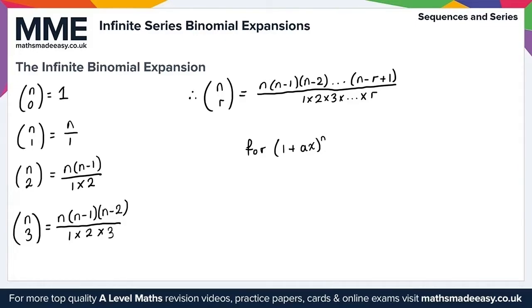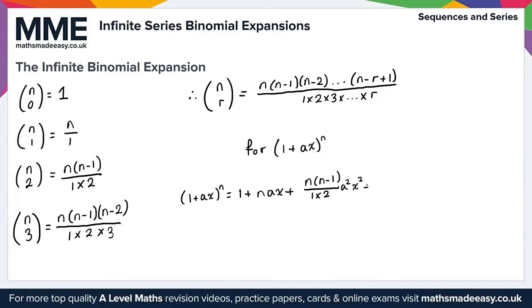If we write this expansion in full, 1 plus ax to the n can be expressed as 1 plus n times ax plus n times n minus 1 over 1 times 2 times a squared x squared.